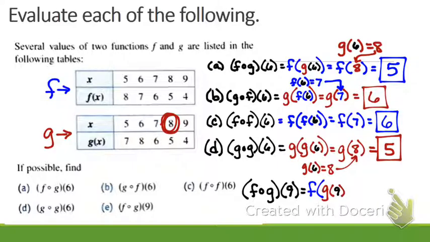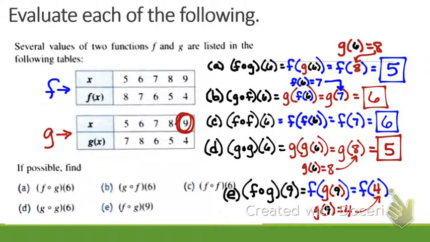Do you see 9 as an input for the function G? Okay, so here's 9. What does it spit out as the output? 4. So that means I'm going to have F of 4. Let me write down where we got that from. G of 9 is equal to 4.